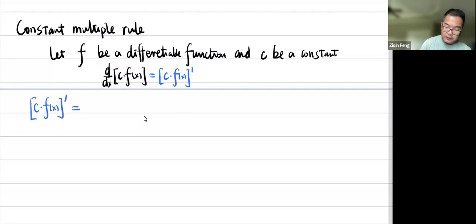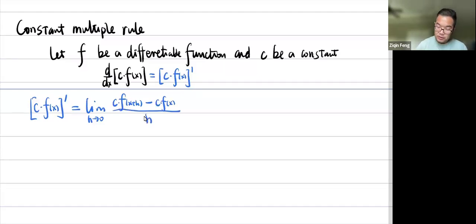By our definition, this is, as h goes to 0, c times f of x plus h minus c times f of x over h, right? So this is equal to, as h goes to 0, your common factor, c times f of x plus h minus f of x over h.